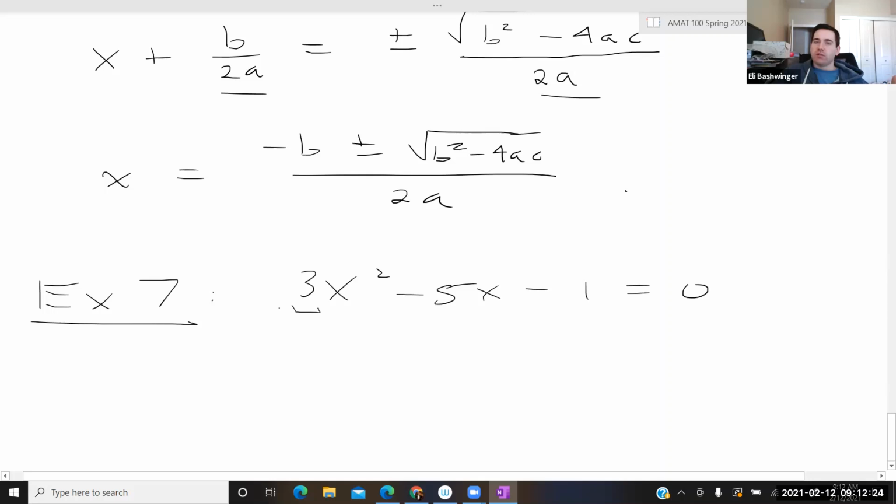And when I went through the proof of the quadratic formula, I divided both sides by the a, or I factored it out. So the first thing to do in this case, when you have a coefficient other than 1 on the x squared term, is to factor that out.